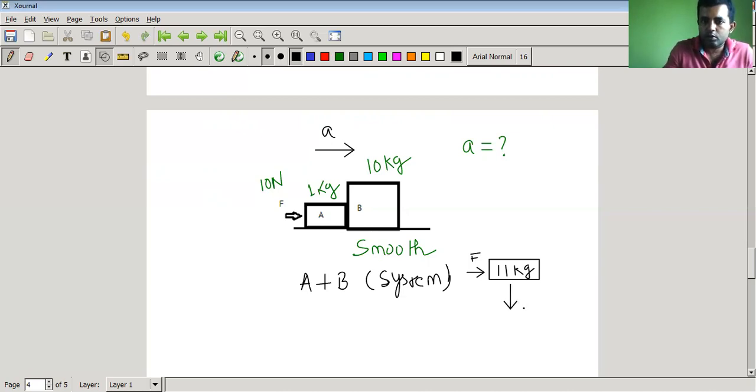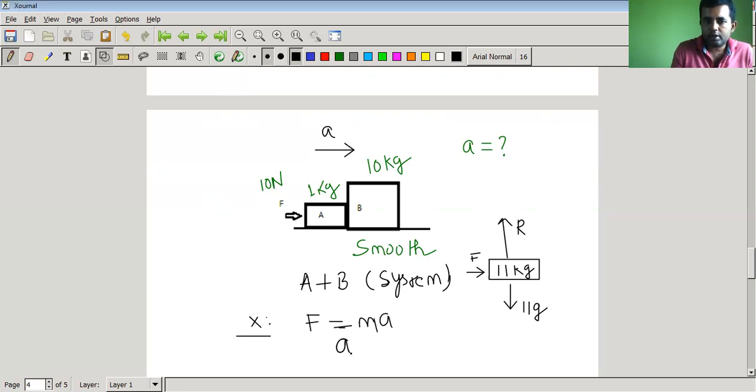Downward will be m into g. So I'm writing 11g, mass is 11 and this is g, and upward will be the normal reaction force R. If I apply laws of motion along x direction, net force along x is equal to mass times acceleration.